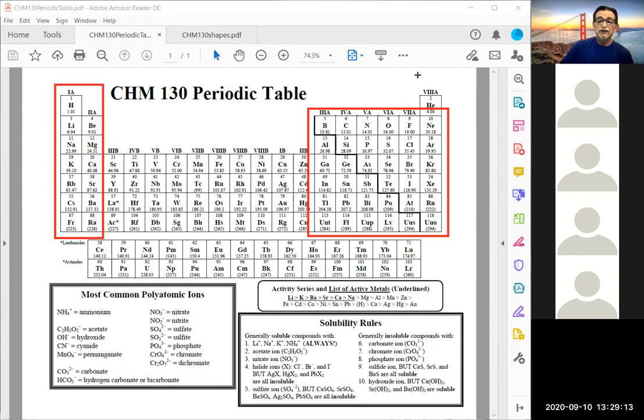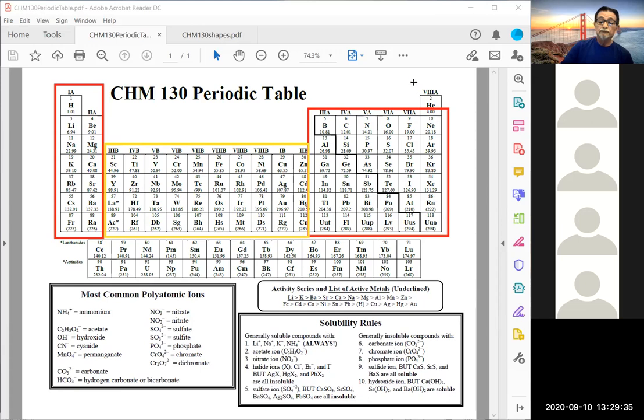Now, let me change the color a little bit so we can show it. When you look at these elements right here, think of those as the D, as in David elements. Count the columns there. You will find 10 columns.